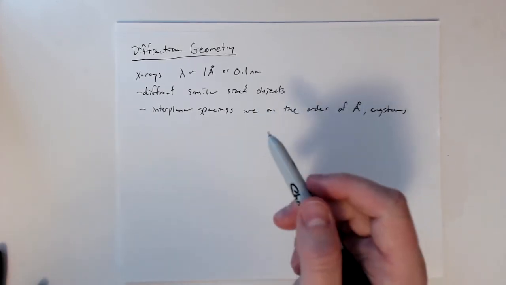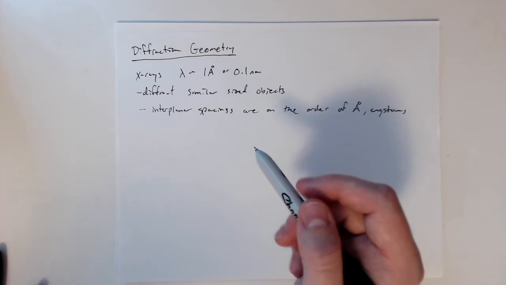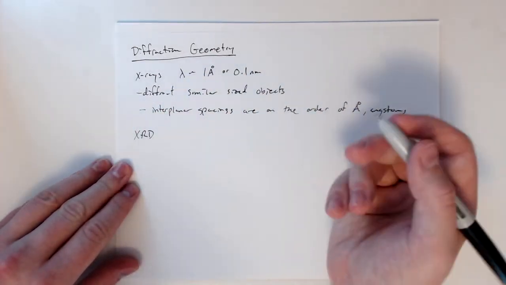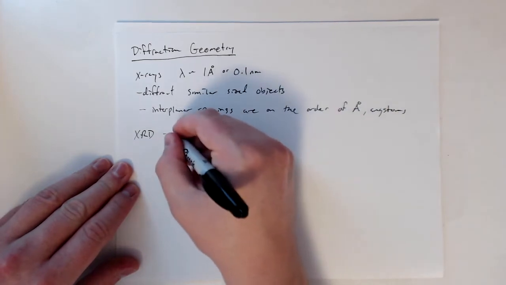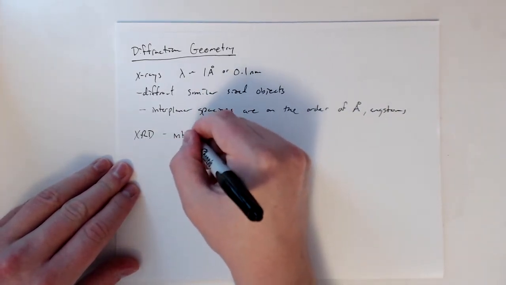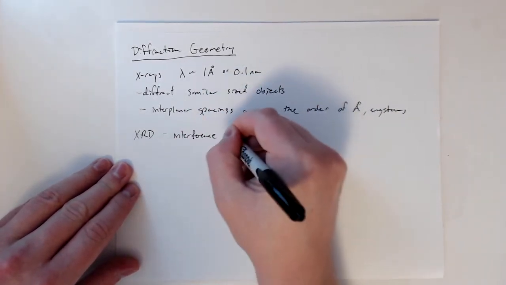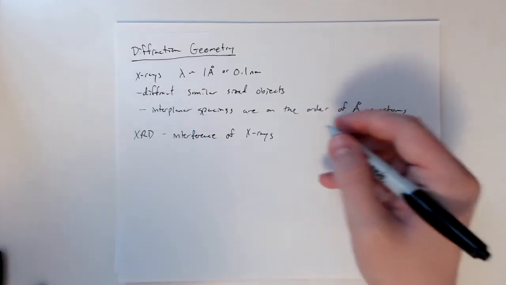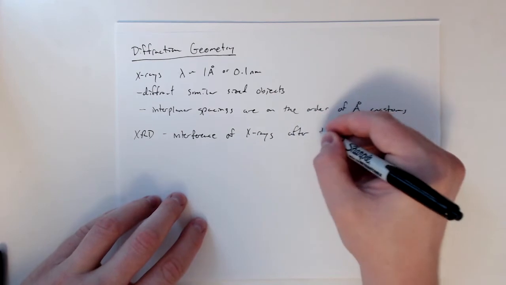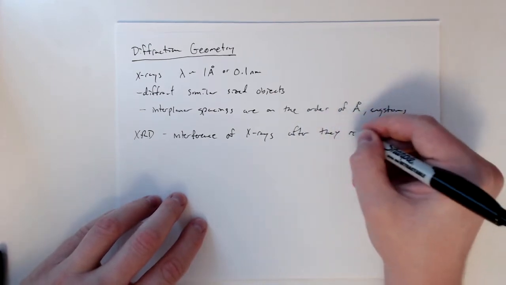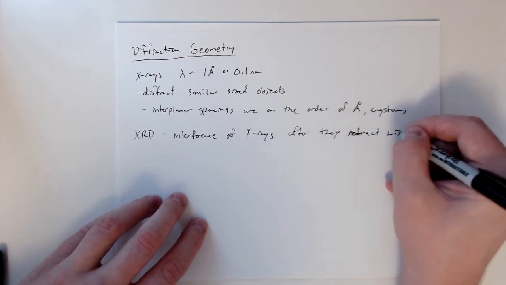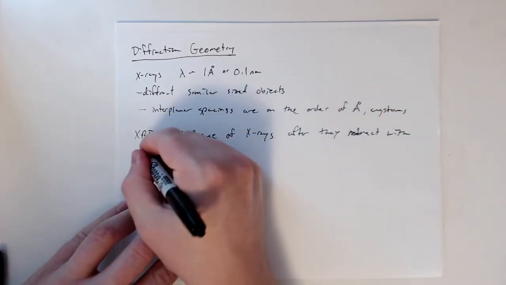Okay, so just like in visible light, XRD or X-ray diffraction is on the same principle, right? It's looking at the interference of X-rays after they interact with a crystalline material.